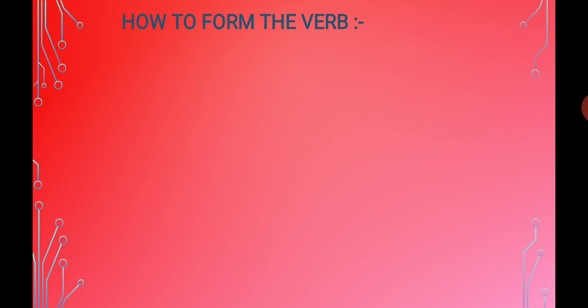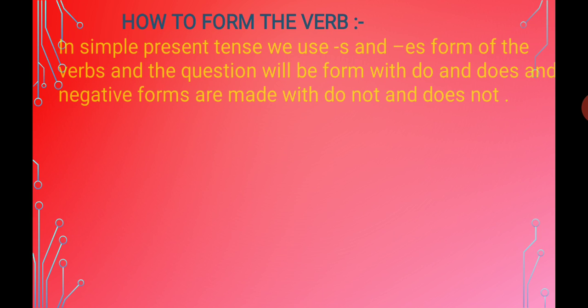Now, these are the main three ways to identify the simple present tense. Okay, but with the verb we identify the simple present tense. So how to form the verb in a simple present tense? Let's see.